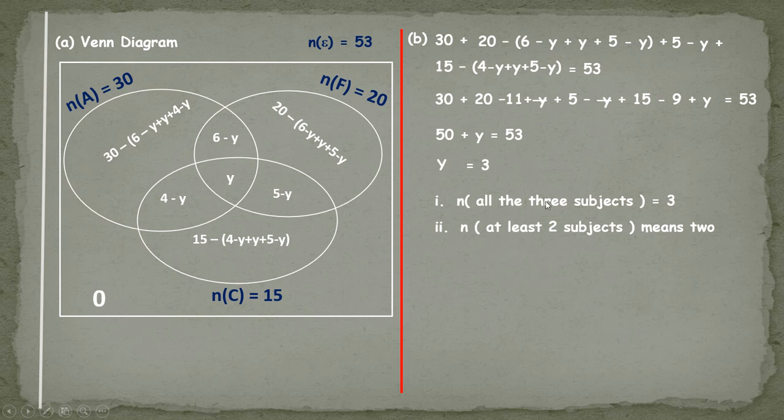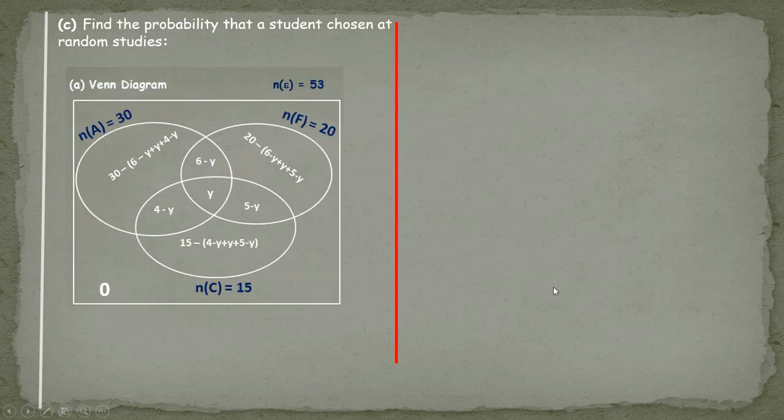So we shall take this part, this part, this part and that. 2 subjects and then 3. So we have 4 minus 3, 5 minus 3, 6 minus 3, and then the 3. That gives us an answer of 9.